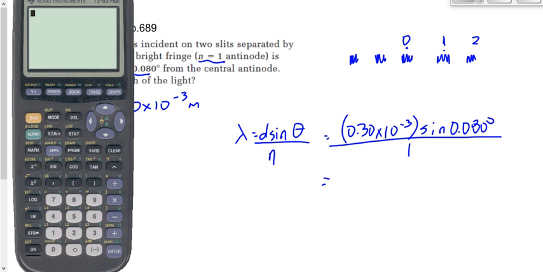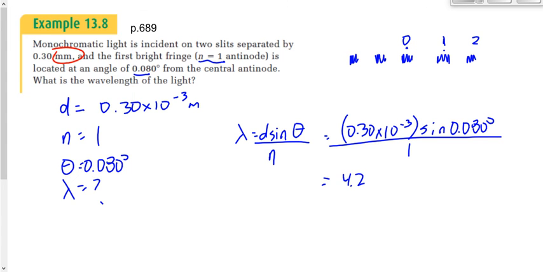Let's say 0.3 times 10 to the minus 3 times sine 0.08, press equals, then we divide it by 1, we get 4.18, 4.19, 4.2, I guess, times 10 to the minus 7 meters, done. 10 to the minus 7, right? If you wanted to figure out what type of EMR that was, use v is equal to f times lambda to get the frequency and then compare it against your known frequencies.